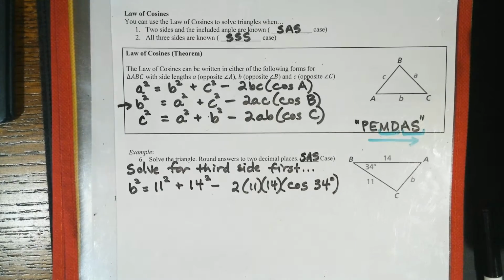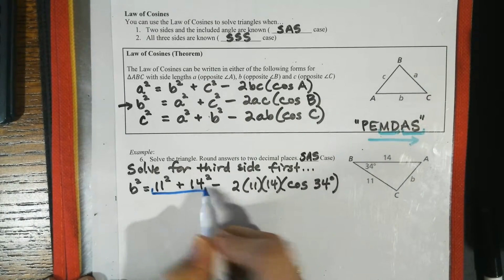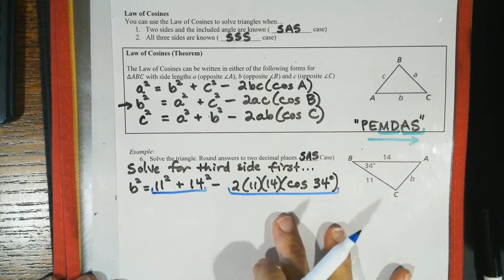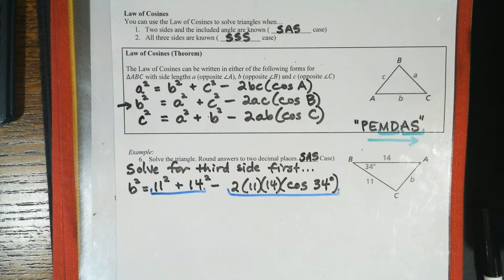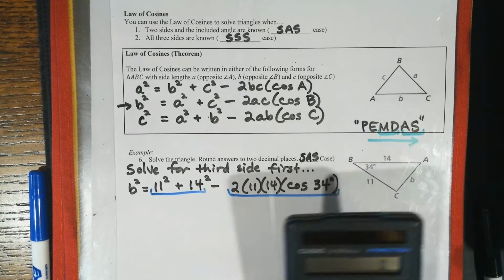Now, the one thing I would say about this is, if I were you, I'd probably chunk this up, do this part first and write it down, because you want to be correct. Sometimes in your calculator, it's not always easy to do that straightforwardly.